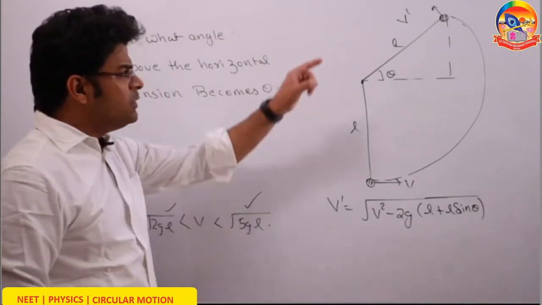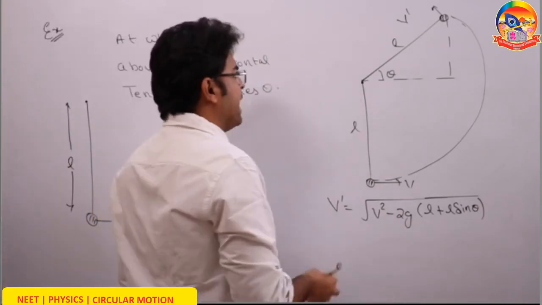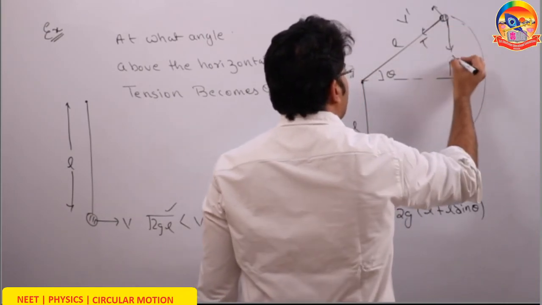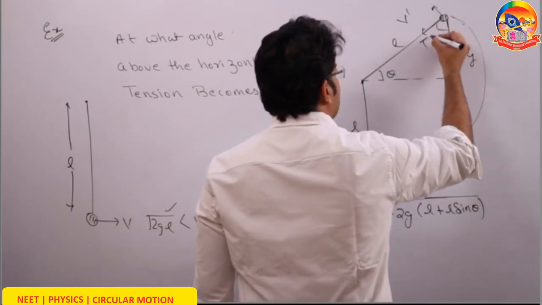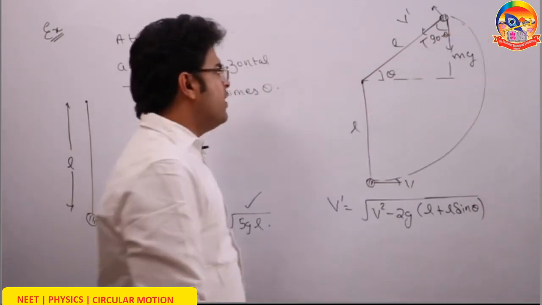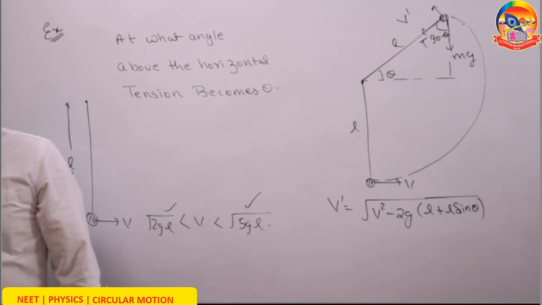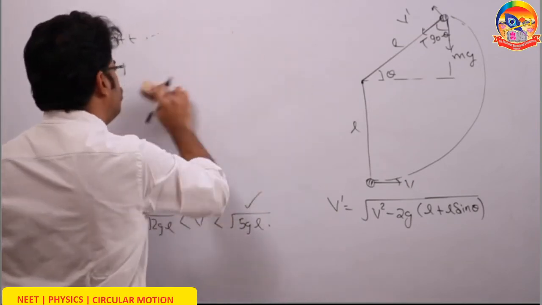Now looking at this position, what will be the forces acting? There has to be a force of tension, there has to be a force of gravity. If this angle is theta, this angle will be 90 minus theta. The net force acting towards the center has to be equal to centripetal force. What will be the net force acting towards the center?